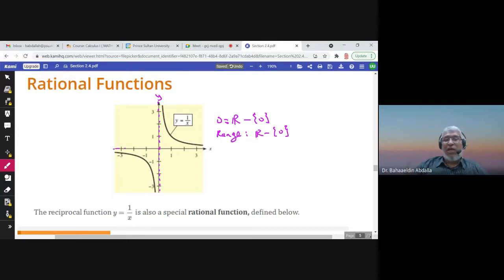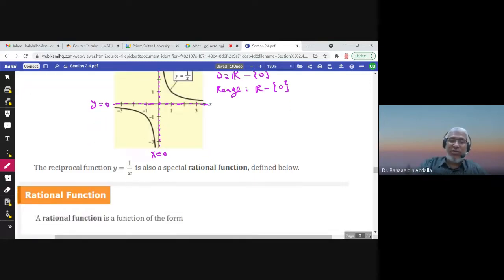Also, this line is a horizontal asymptote because the curve approaches this line when x goes to infinity, and when x goes to negative infinity, the curve also approaches the line. So the graph of 1 over x has a vertical asymptote with equation x equals 0. This is the equation of the y-axis, and the horizontal asymptote with equation y equals 0. This is the equation of the horizontal asymptote.